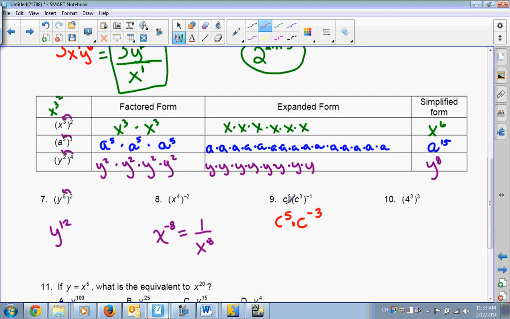Now we don't have a power to a power situation. We have our first rule we learned. Common bases, we're multiplying. What do we do with the exponents? Add. What is 5 plus negative 3? Using my rules. The last one is kind of easy in comparison to the other ones. It's 4 to the 9th. It's a really big number if we put it in our calculator, so we're just going to leave it like that.